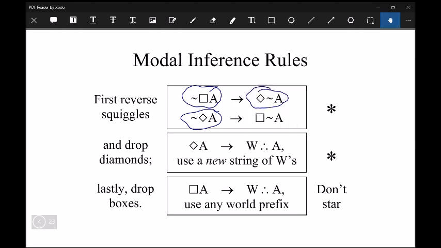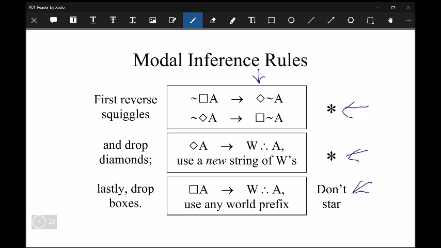But moving the box or diamond to the outside helps you along with the proof, because then you can drop them using these inference rules.